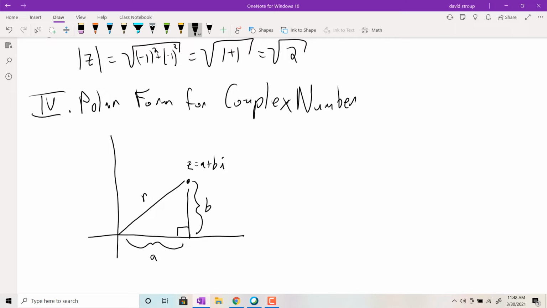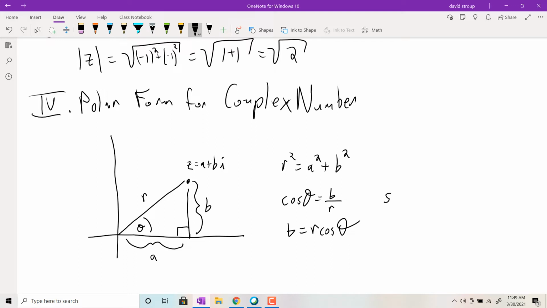We're going to give it another name, we're going to call it the modulus. Okay? But anyways, if you think in terms of right triangles, you can say to yourself, well, I know from the Pythagorean theorem, first off, that r squared is equal to a squared plus b squared. And then we can also get those conversion formulas like we got for the polar coordinate system, right? So I note that, hey, cosine of theta is equal to opposite b all over hypotenuse, which is r. So I can rewrite b as r cosine theta.